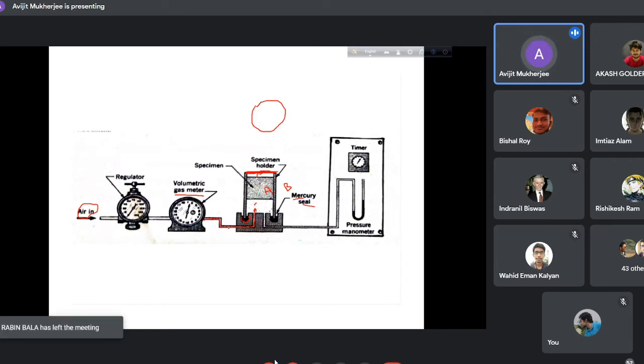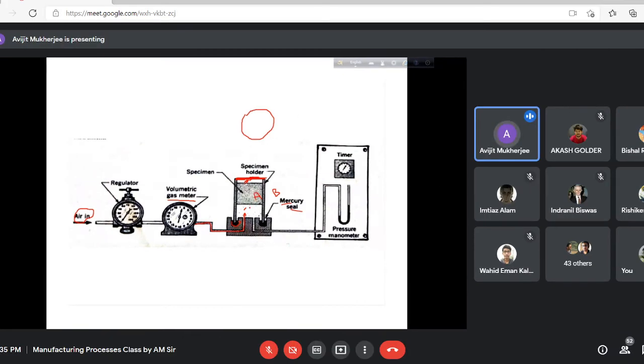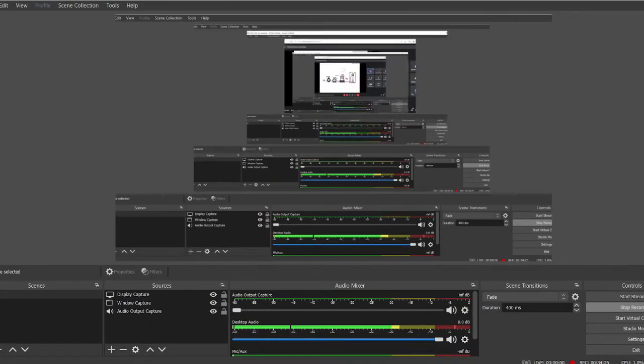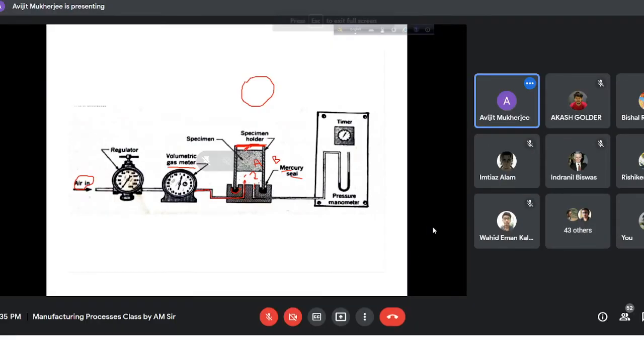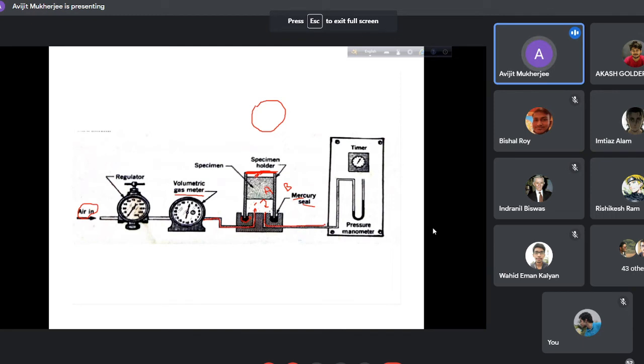By virtue of this pressure, some air will enter the specimen, where there are void spaces, openings, porosity. Some amount will come out here also, and some will be reflected through this surface, enter here, and pass through this duct, and there is a pressure manometer.